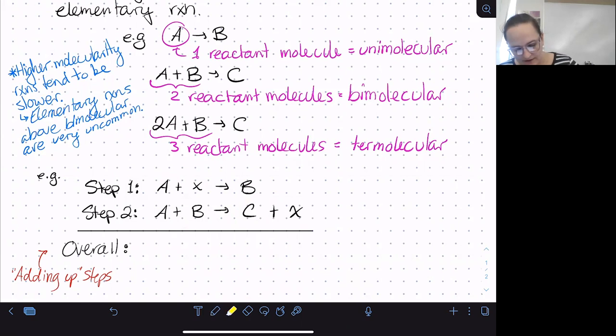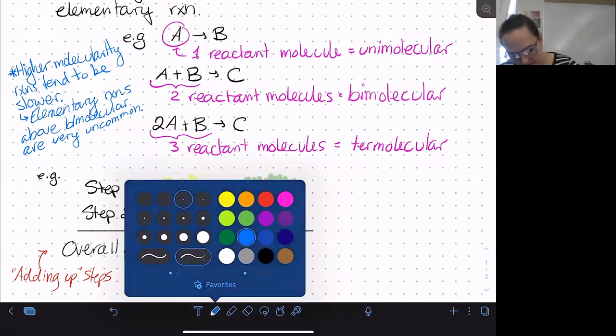So if we take everything on the left and add it together, that's going to be the stuff that appears on the left side of my reaction. We're going to take everything on the right and add that together, and that's going to be everything that appears on the right side of my reaction. But we're going to end up canceling out a few things that appear on both sides.